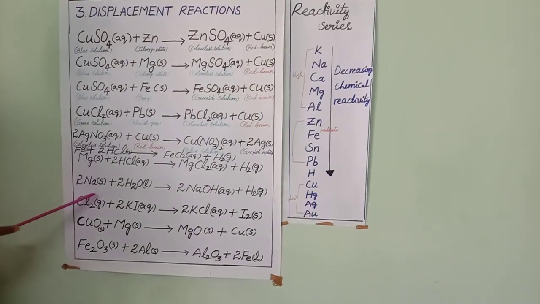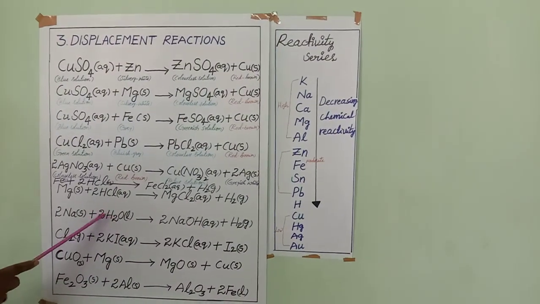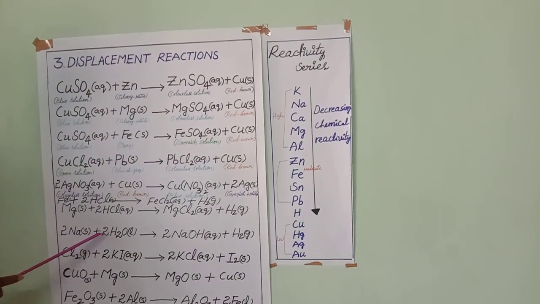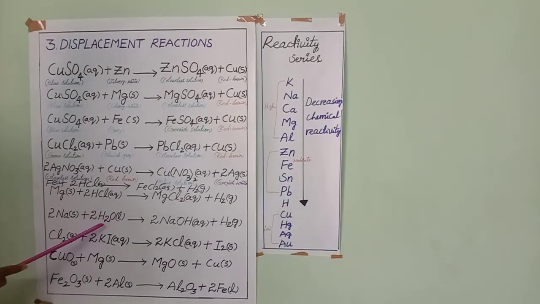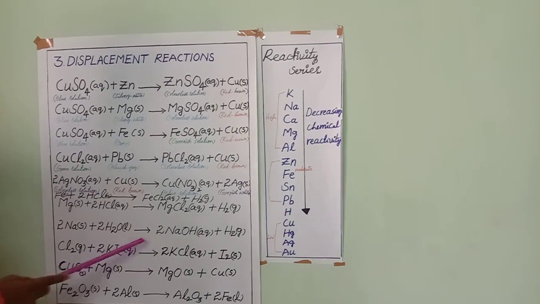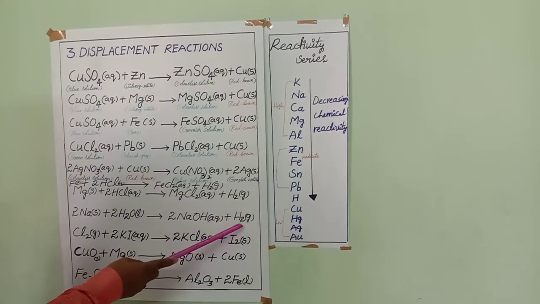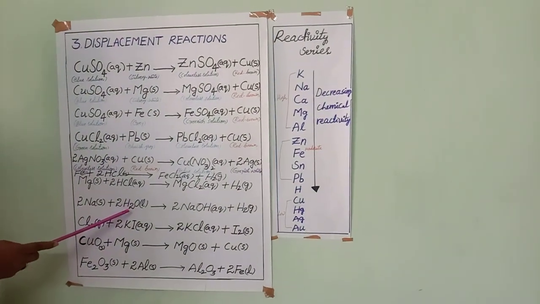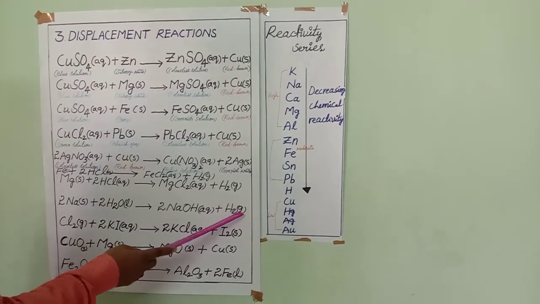So the sodium metal, when it is reacting with cold water or hot water, is so highly reactive that immediately it displaces hydrogen and occupies the place of hydrogen. Instead of that, what happens? We will get sodium hydroxide and hydrogen gas is liberated. So sodium reacts with water, forming sodium hydroxide and hydrogen gas.